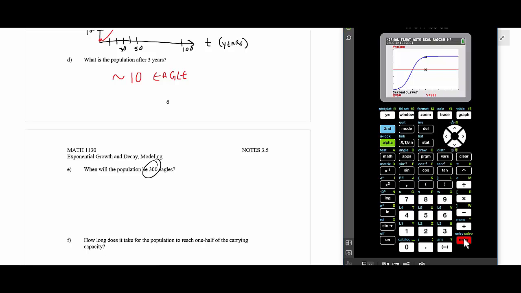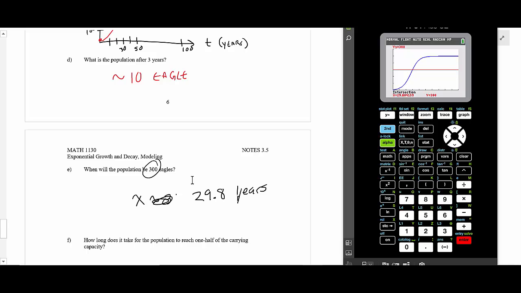You'll have two cursors come up, and then just keep pressing enter, and then it'll give you the answer. So it looks like on this one, you're going to end up getting x is about 29 or 30. I'll just round that. This is a time, so that's 29.8 years like that.